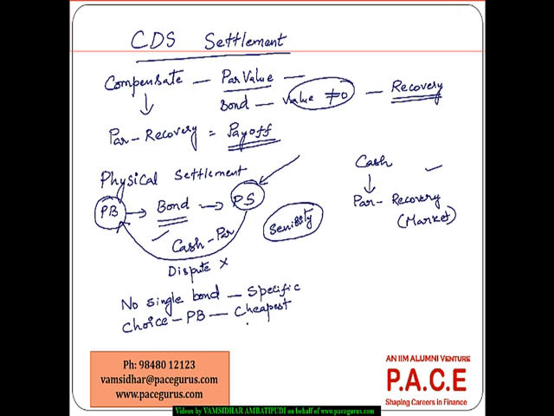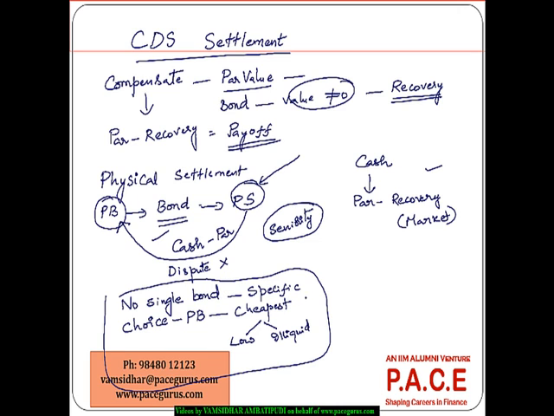Cheapest to deliver kind of a bond, which could be probably a lower coupon bond or an illiquid bond, which could be available for cheap in the market, and that bond, if it is having the seniority similar to that of the reference obligation, he can very well deliver that bond to the protection seller, and the protection seller can compensate him with the cash. So this is where some level of moral hazard actually comes into picture.